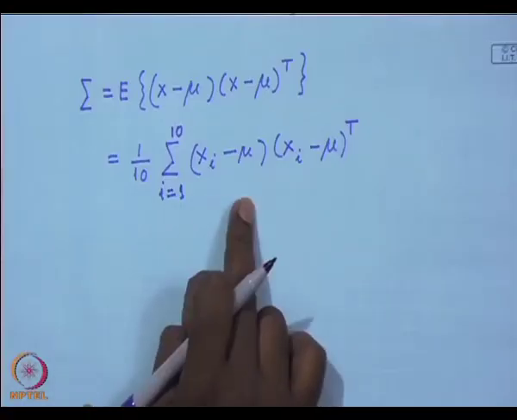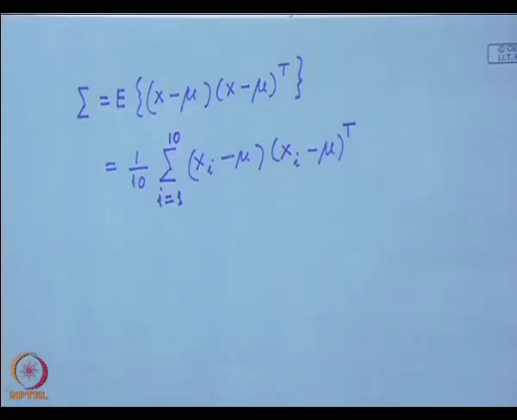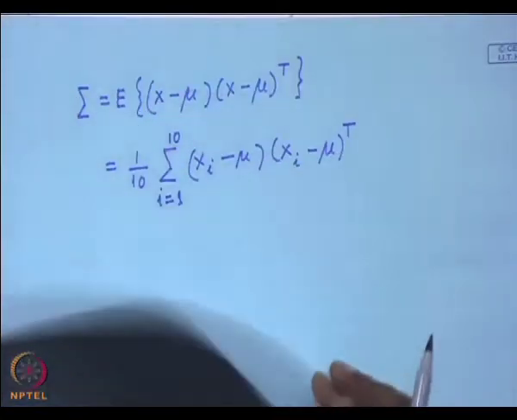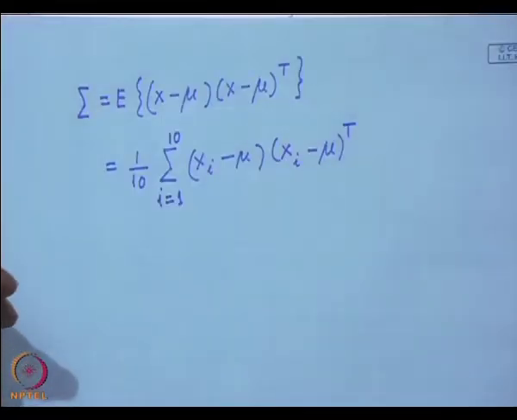And each of these x I gives me a matrix Mi, the ones that we have computed here, M1, M2, M3 and so on. So, each of (x I minus mu) into (x I minus mu) transpose gives me a matrix Mi.